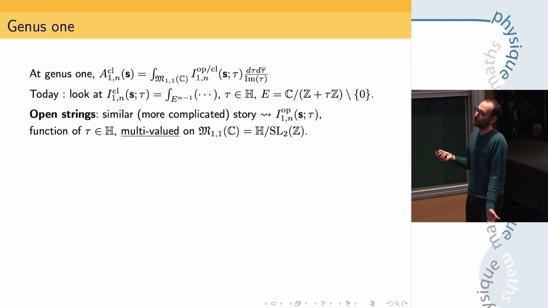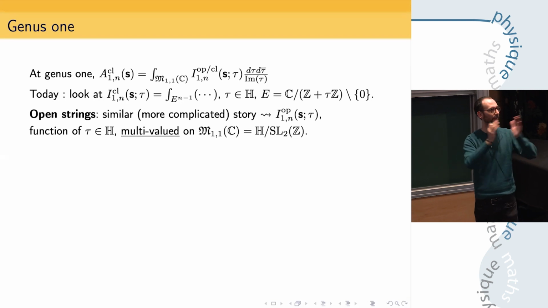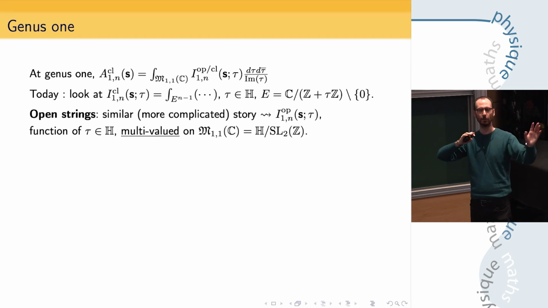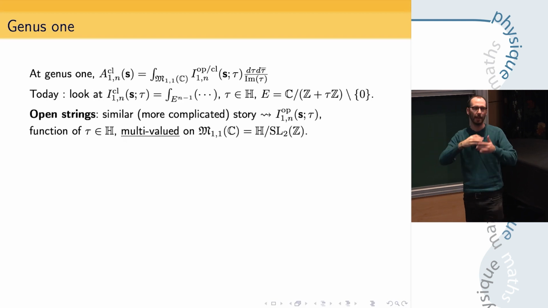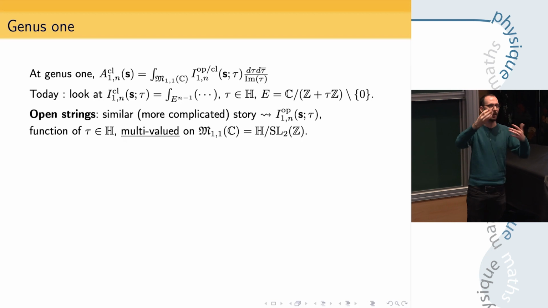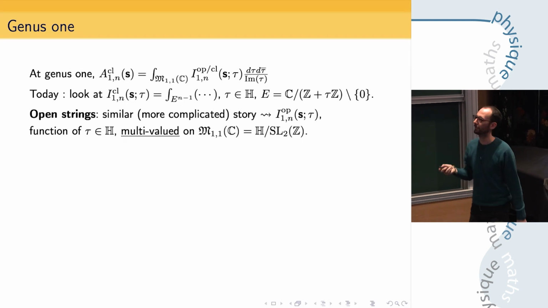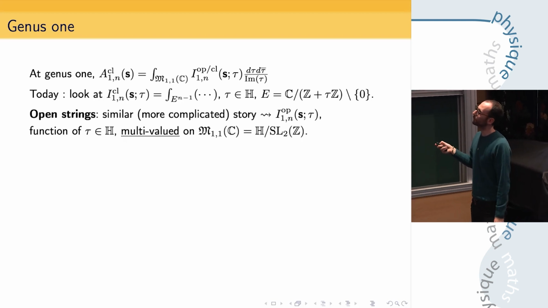For the open string, let me just say it's a similar, more complicated story. Again, you can split your integral into an integral over the complex structure of your surface, and then an inner integral over n-1 points lying on a fixed surface. Again, these will be functions of tau, the complex structure.